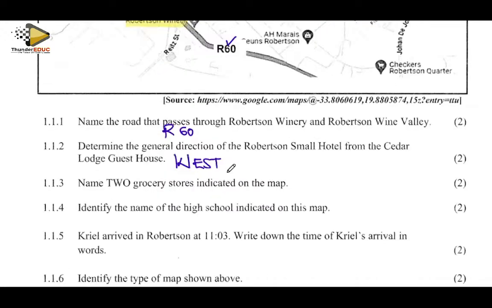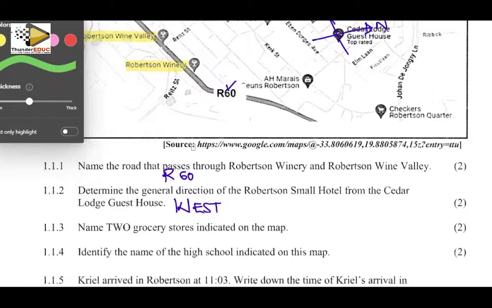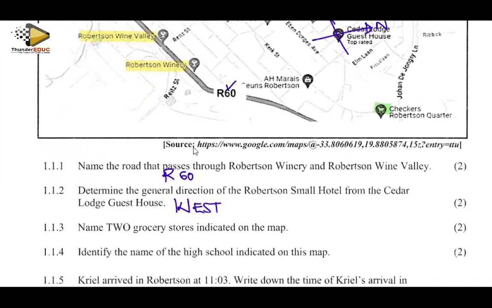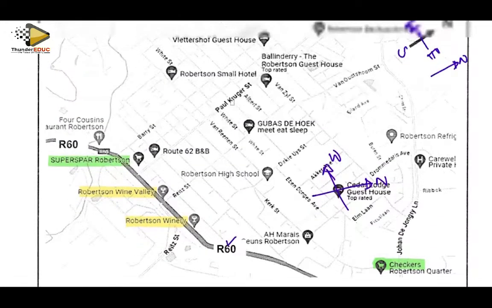Name 2 grocery stores indicated in the map. Let's highlight them. This icon here would mean a grocery store. This is the trolley. So we have Checkers. The other trolley is here, indicating the Spar. They said 2 only.